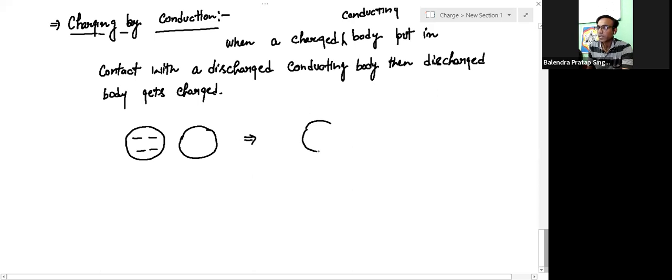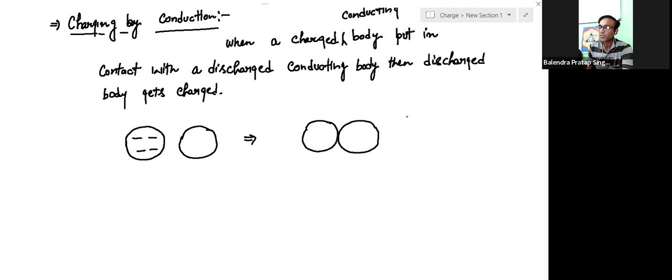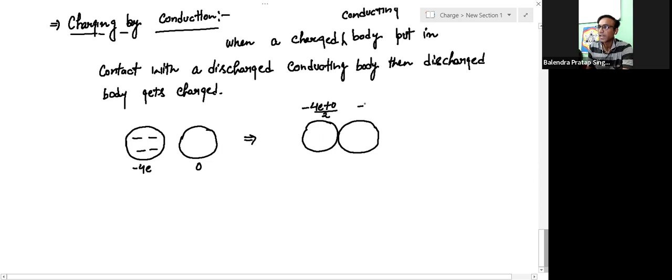Next, if I put this body in contact with the charged body, what happens? The charges get shared. How can we share this charge? Suppose this body has negative 4e and the other has 0. The method is they will share charges like (minus 4e plus 0) by 2, and again (minus 4e plus 0) by 2.